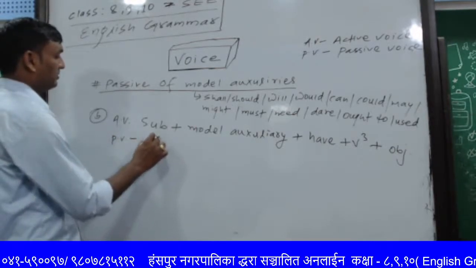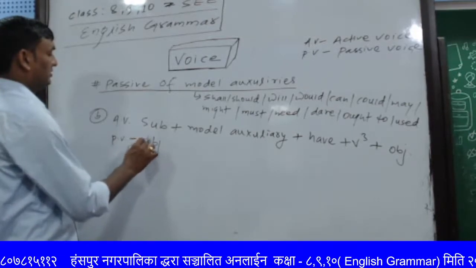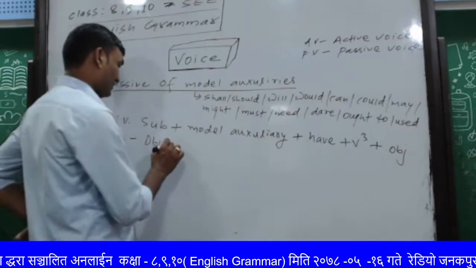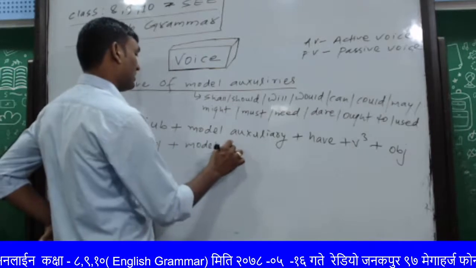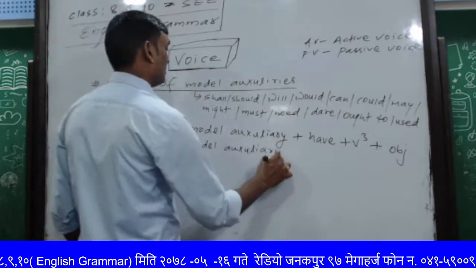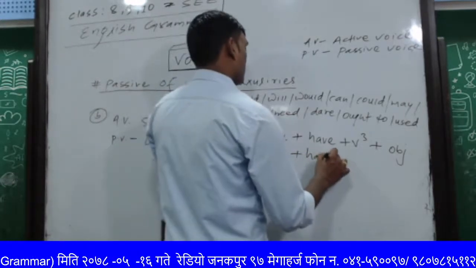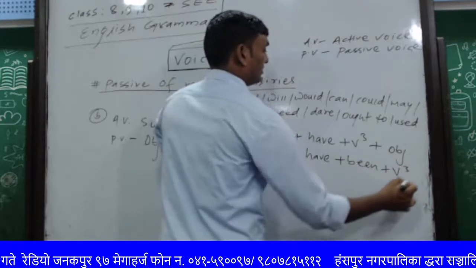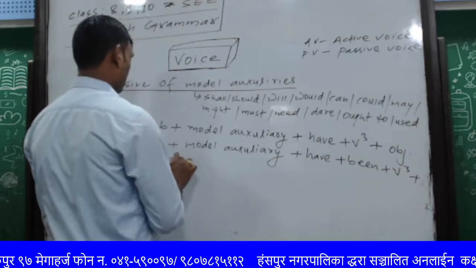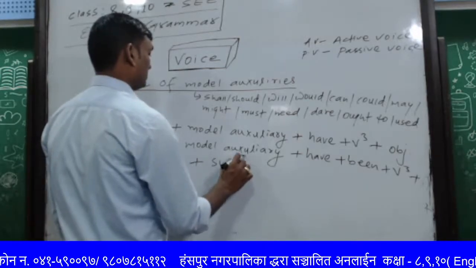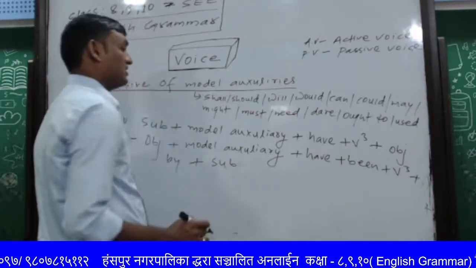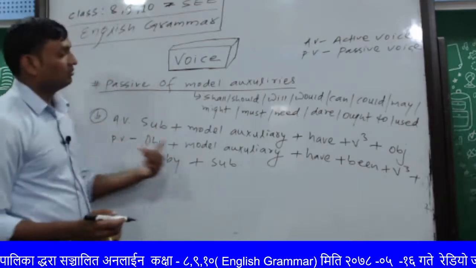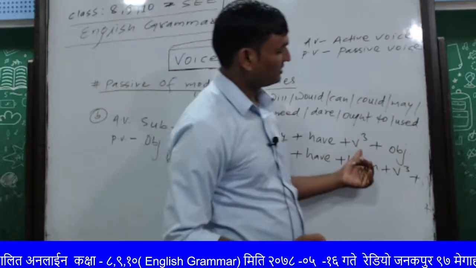The passive is object plus modal auxiliary, then have, after have been plus V3, plus by plus subject. In this way we can change.